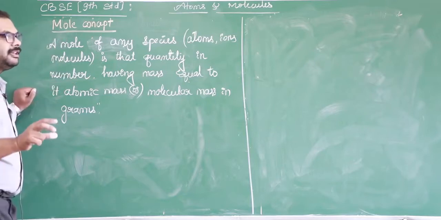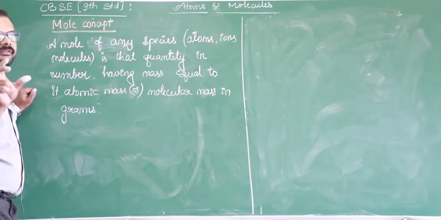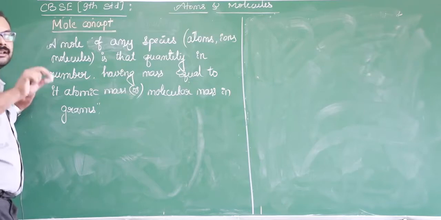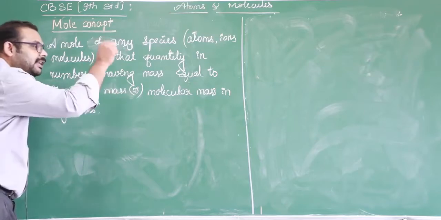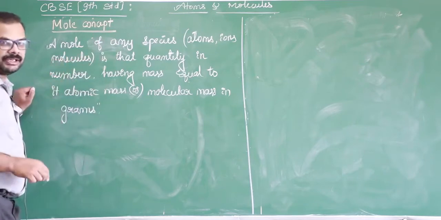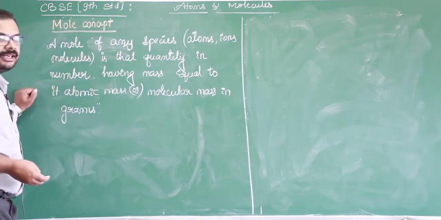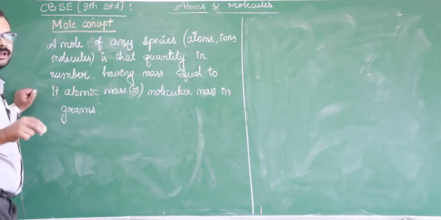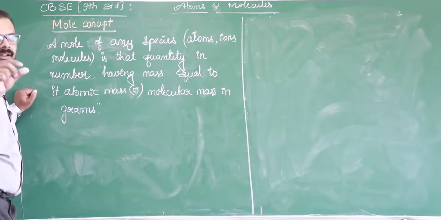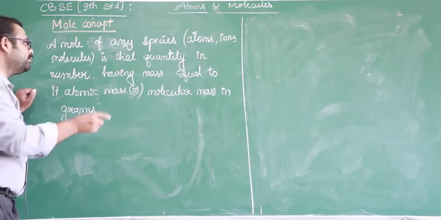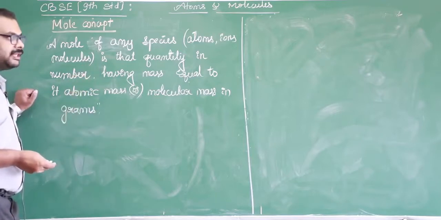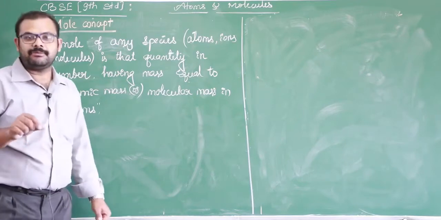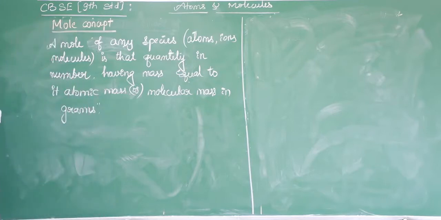Like that, if you take a particular mass of an element, how many atoms, ions or molecules should be there, we cannot calculate it directly. So in order to know the exact number of atoms present in a particular mass, we have used this concept of mole. Let's calculate how many atoms are present in one mole.